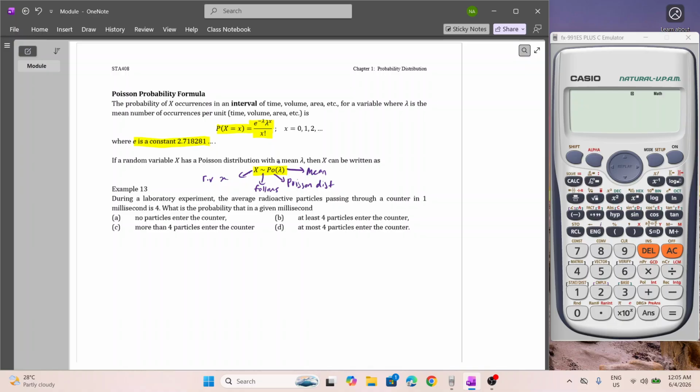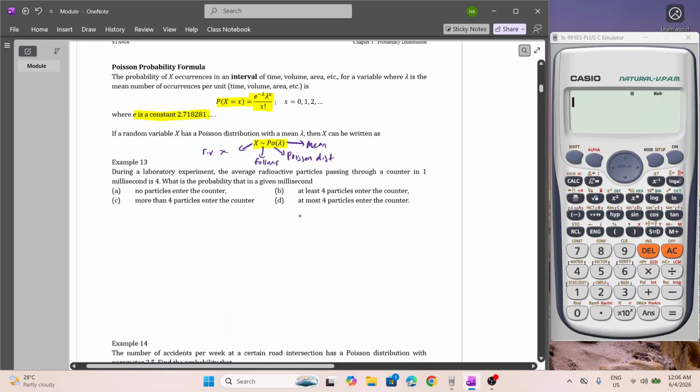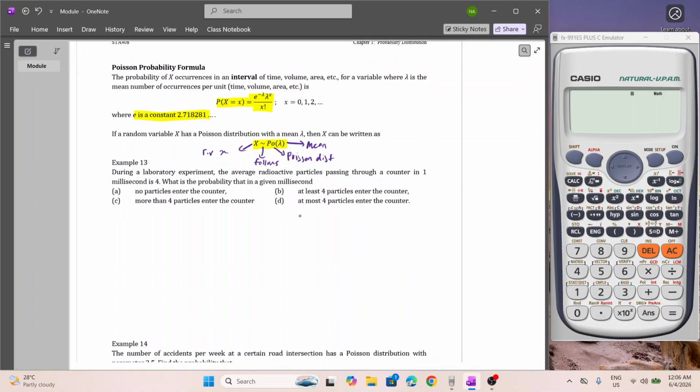Okay, so during a lab experiment, the average number of radioactive particles passing through a counter in 1 millisecond is 4. What is the probability that in a given millisecond, A, no particles enter the counter? So in this situation, we want to find the probability that there are no particles entering the counter.